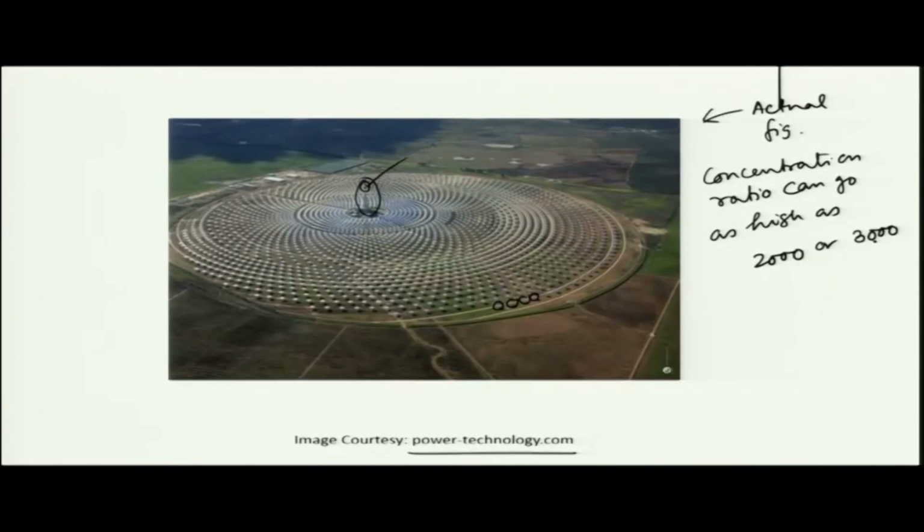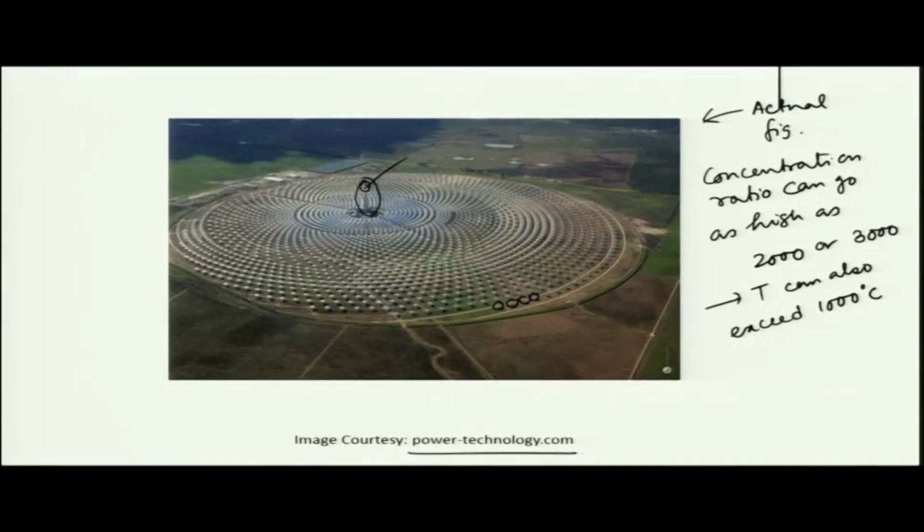It depends on the design, and the concentration ratio can go really high. If you go for that kind of high concentration ratio, the temperature that you can reach can also exceed 1000 degree centigrade.